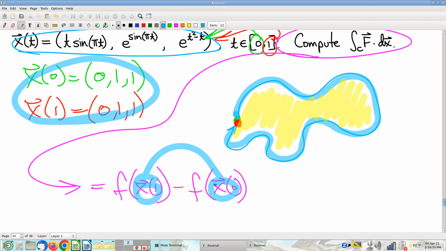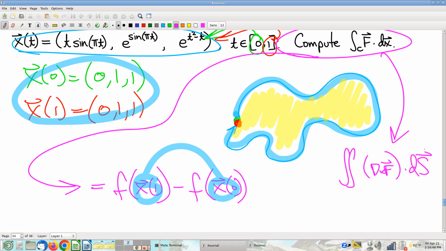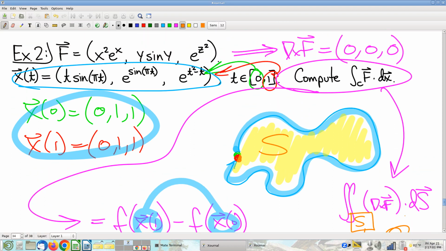Now, here's the other way you could do this. The other alternative is to use Stokes' theorem. We could say, all right, well, this is the flux of curl dot ds, problem being that our surface here, S, we don't know how to find that surface. It's a super weird surface, but what we do know is the curl is 0.